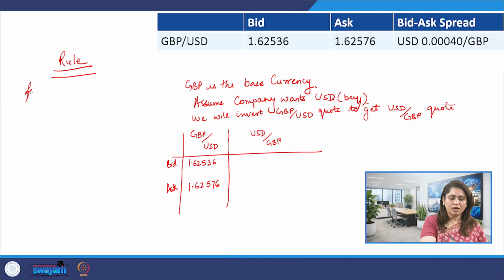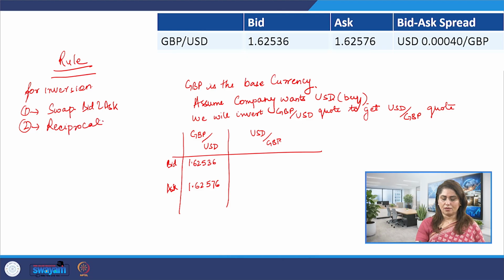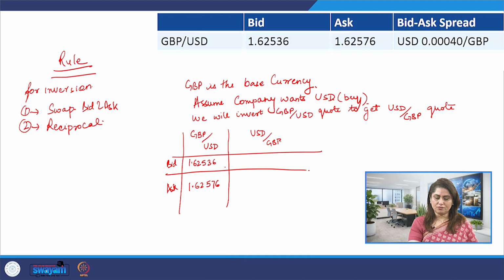First, we have to swap the bid and ask, right? And second, we have to find the reciprocal. So here, first we will swap and find the reciprocal.